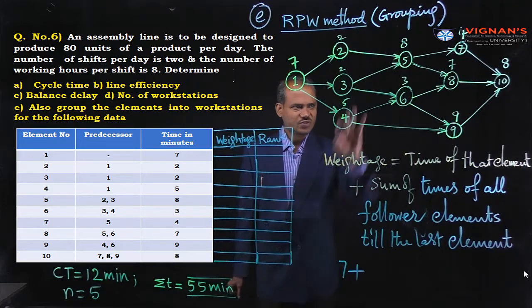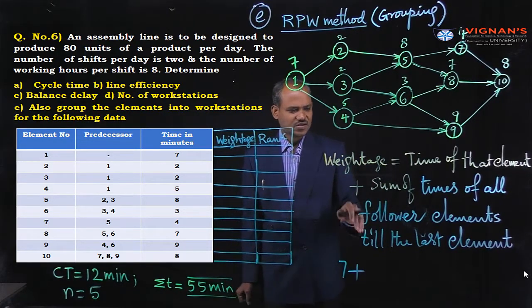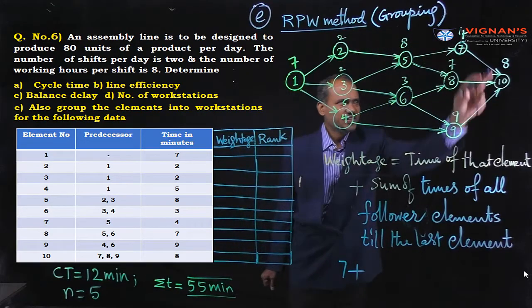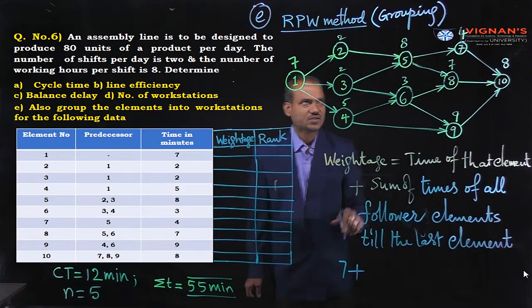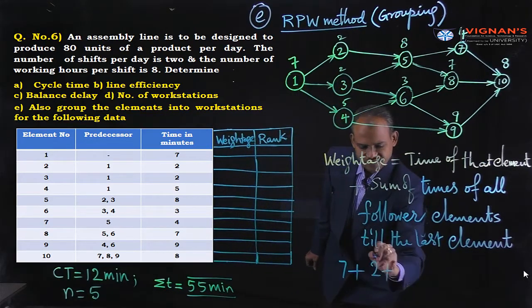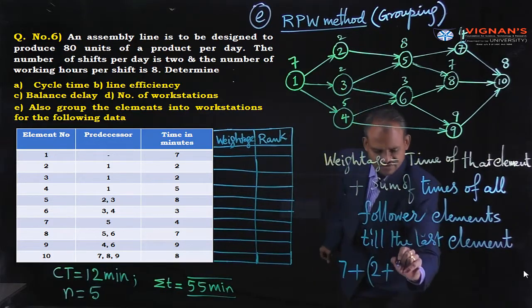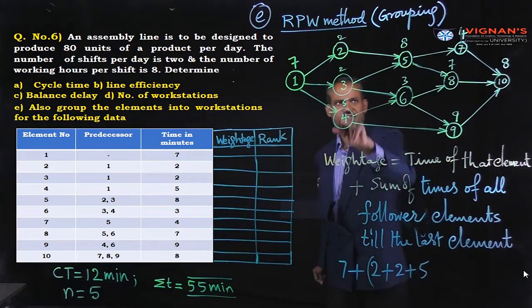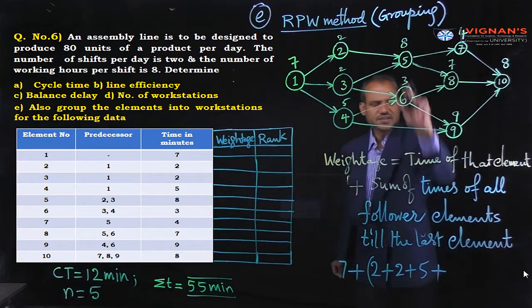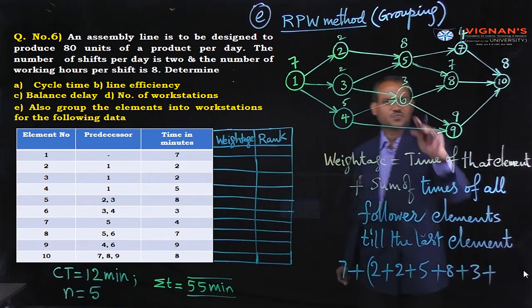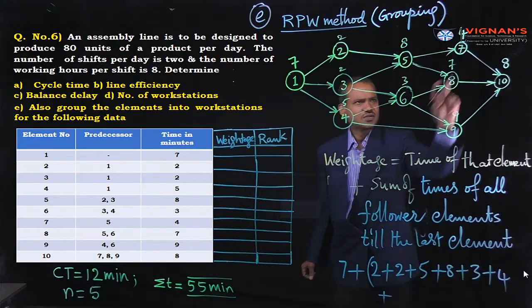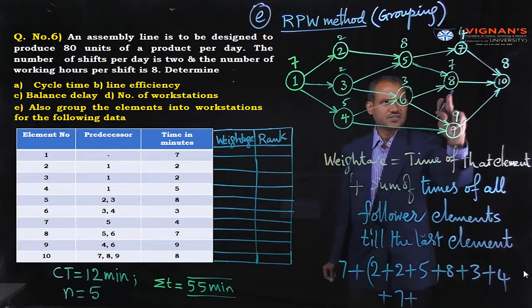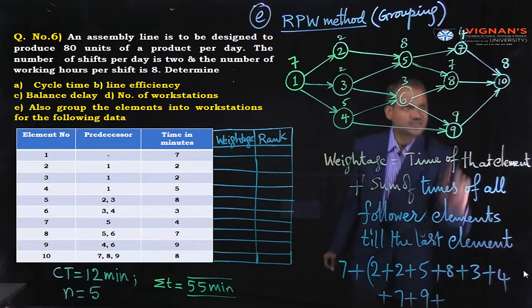Therefore, from this diagram it is observed that the sum of all these timings, how much? 2 plus 5 plus 8 plus 3 plus 4 plus 7 plus 9 plus 8.